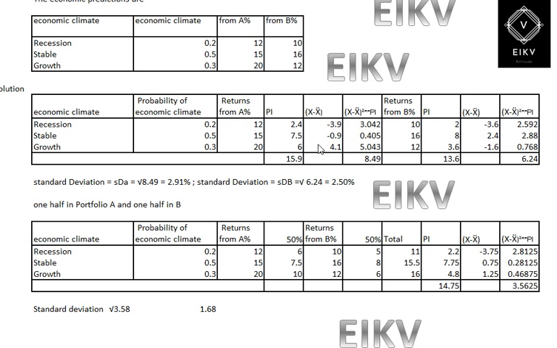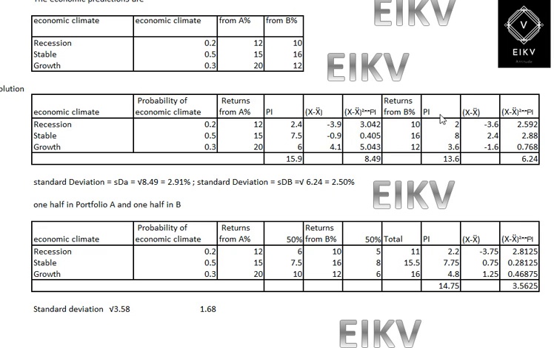Now we are going to compute the X minus X bar whole square into Pi. So the computation will be 3.9 into 3.9 into the probability 0.2, the second one 0.9 into 0.9 into the probability 0.5, and the third 4.1 into 4.1 into 0.3, and when we take the total it would be 8.49.